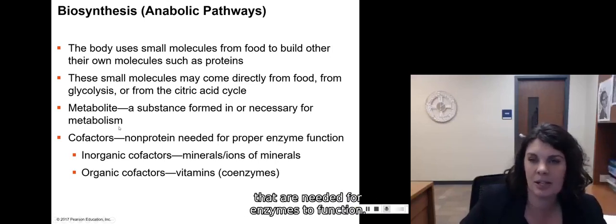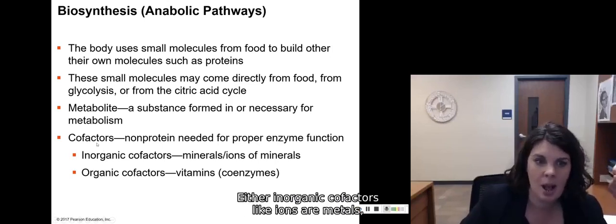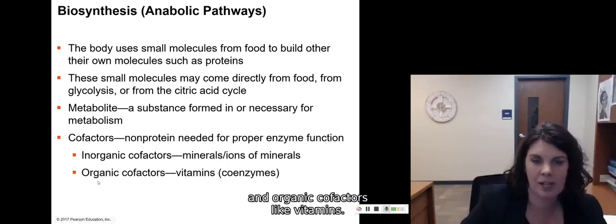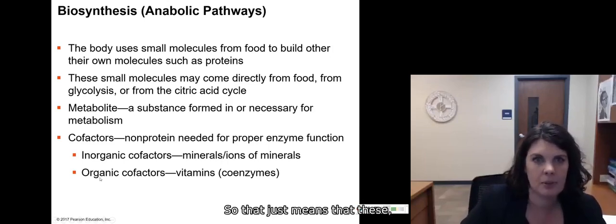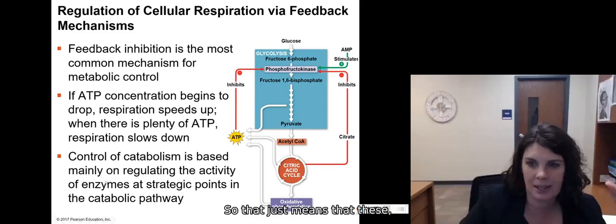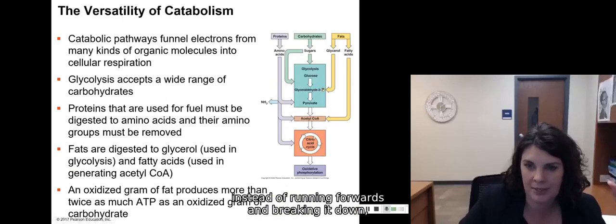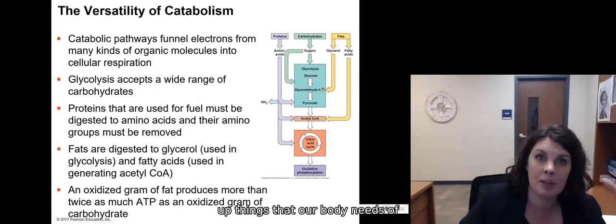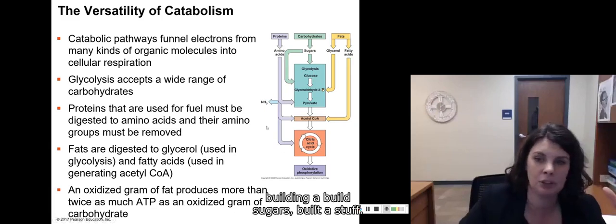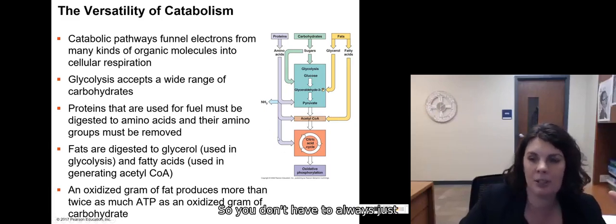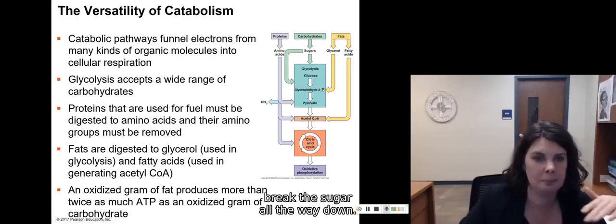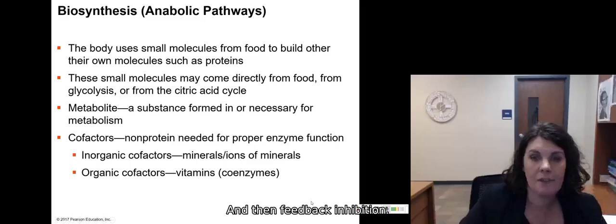And cofactors can be non-proteins that are needed for enzymes to function, either inorganic cofactors like ions or metals, and organic cofactors like vitamins. So that just means that instead of running forwards and breaking it down, we're actually going to move backwards and build up things that our body needs. So build DNA, build sugars, build the stuff. So you don't have to always just break your sugar all the way down.